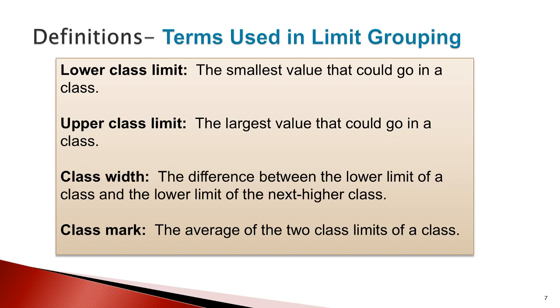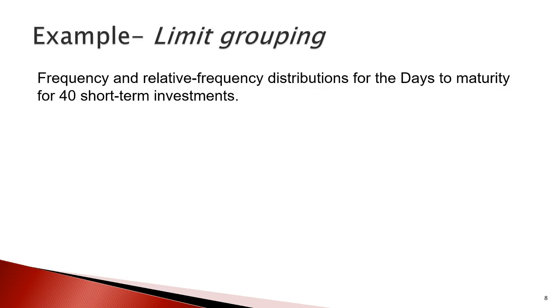And the class mark is the average of the two class limits of a class. These are definitions you should be familiar with when using limit grouping to group quantitative data. Now let's move into an example of limit grouping.